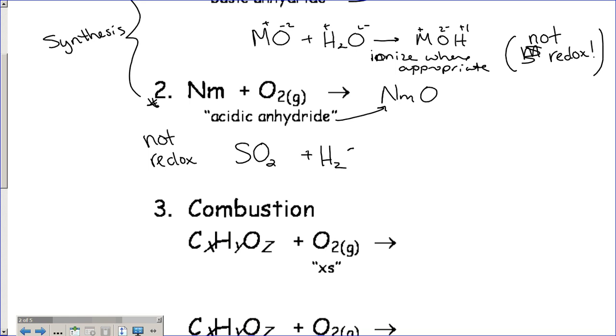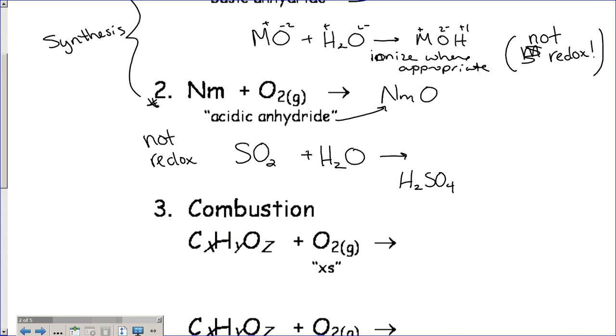Now, we know that there are a couple of oxy acids of sulfur that we can use. We know that there is the oxy acid, sulfuric acid. That might be the only oxy acid. So in this case, what we want to make sure of is that the oxidation state of the sulfur is not changing.